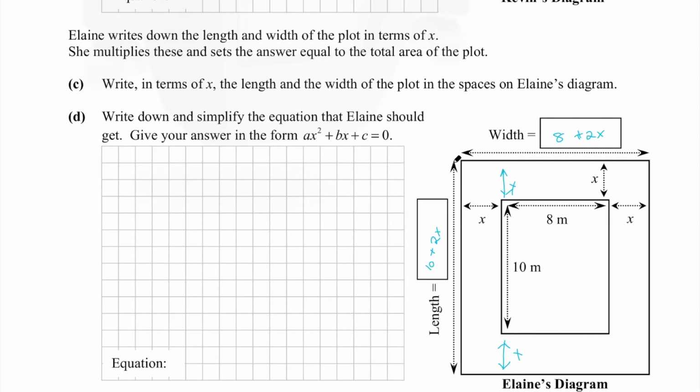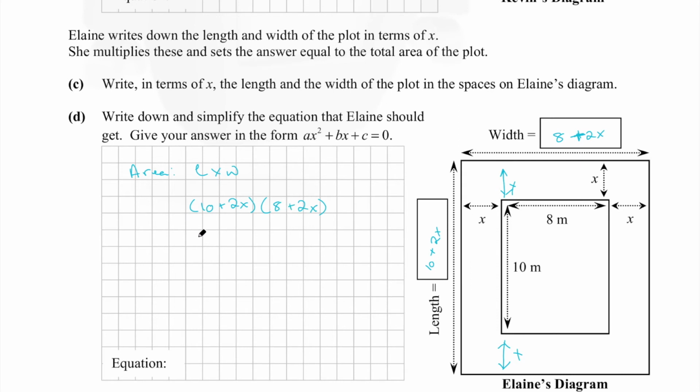Now, the width of the whole thing and the length of the whole thing is what we have. We can find the area using that formula, because the area is equal to the length times the width. So the length we know is 10 plus 2x, and the width is 8 plus 2x. And we multiply those together.